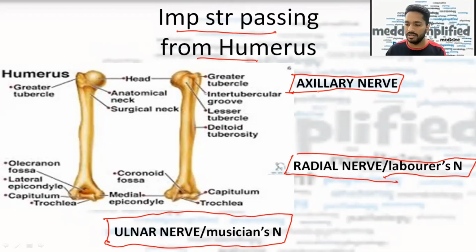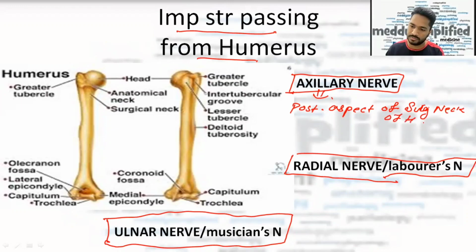So the axillary nerve, where does it pass from? It passes from the posterior aspect of the surgical neck of the humerus. If you look here once again, this is the head, here are the tubercles.